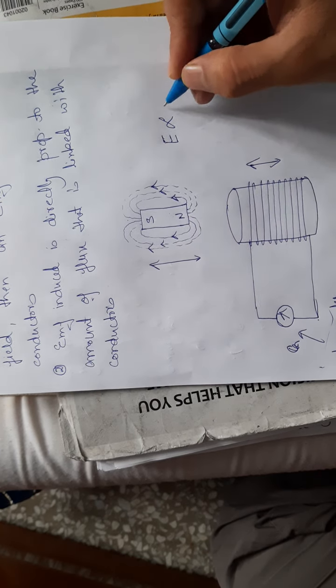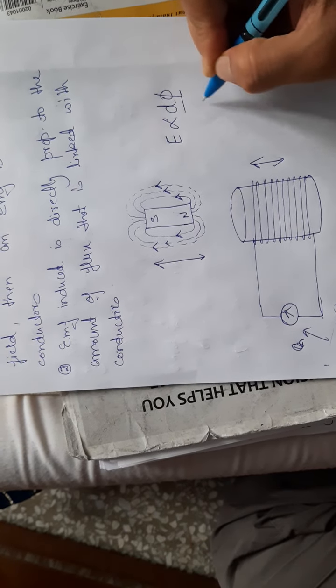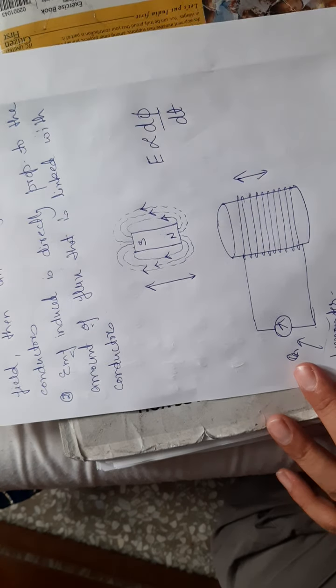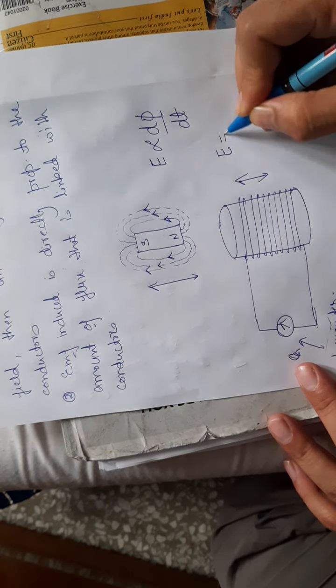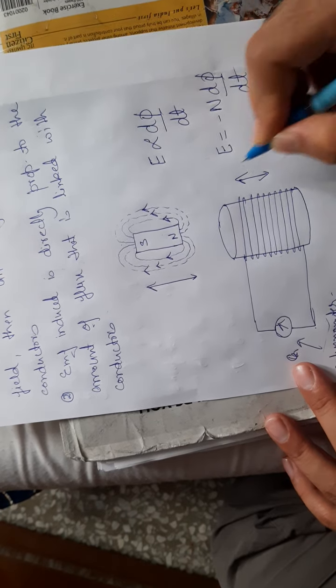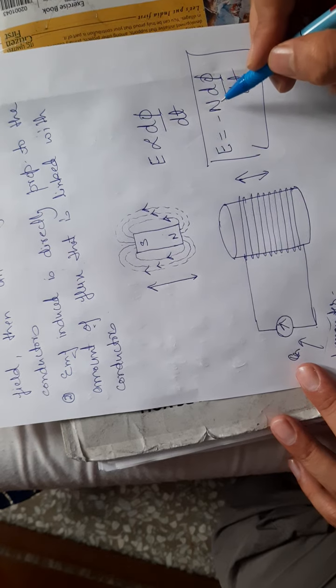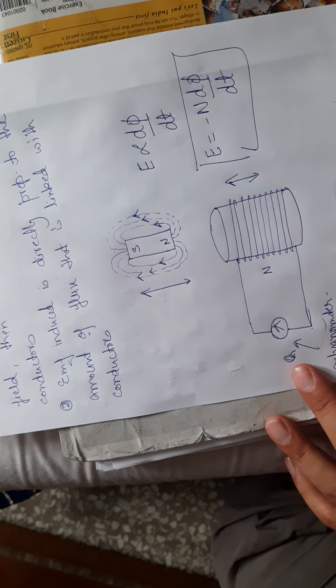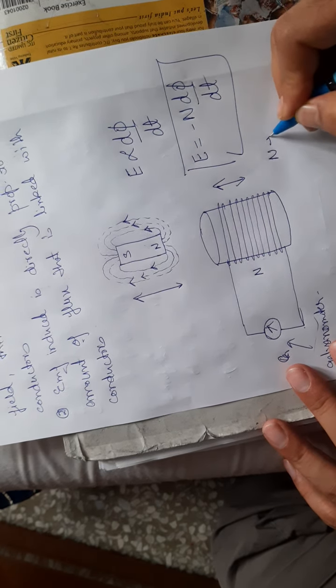So EMF is directly proportional to d phi by dt. If I remove the proportionality sign, I write E is equal to minus N d phi by dt. What is N? N is nothing but the number of turns of the coil.